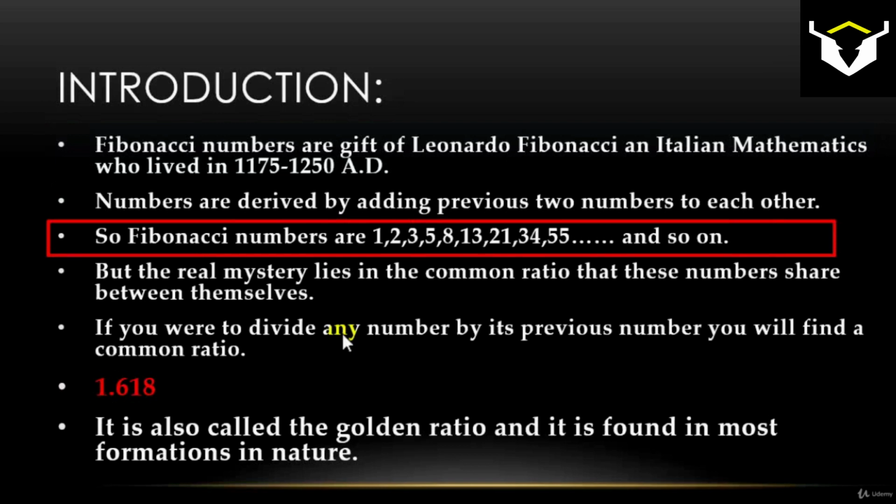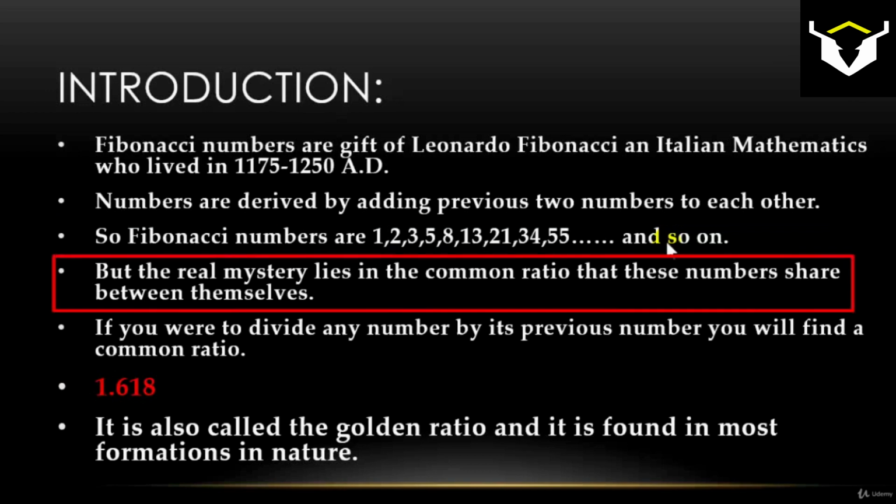So Fibonacci numbers are 1, 1, next is 2, then you add 1 plus 2, you get 3, then add 2 plus 3, you get 5. So you just have to add the previous two numbers to get a new number. Add 8 plus 5 to get 13, 13 plus 8, 21, 21 plus 13, 34, and so on. These numbers go to infinity.